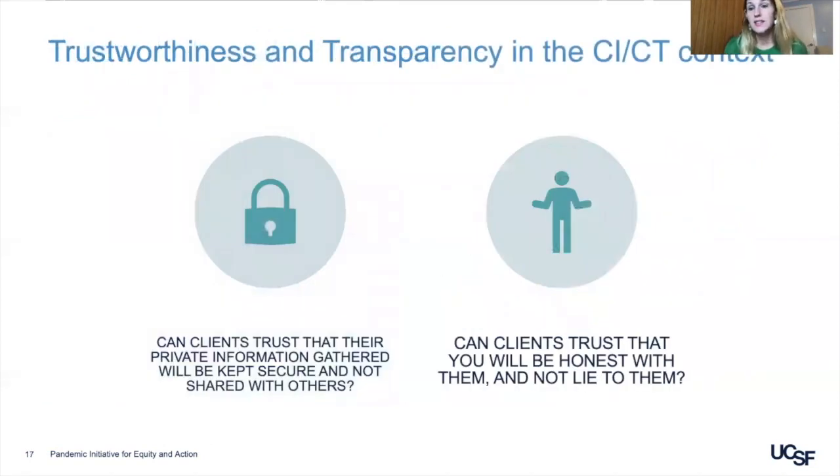Trustworthiness and transparency in the case investigation and contact tracing context. As we know, there's a lot of distrust in government, and there are a lot of challenges related to the health department reaching out to someone. So it is important that we establish trustworthiness and transparency.